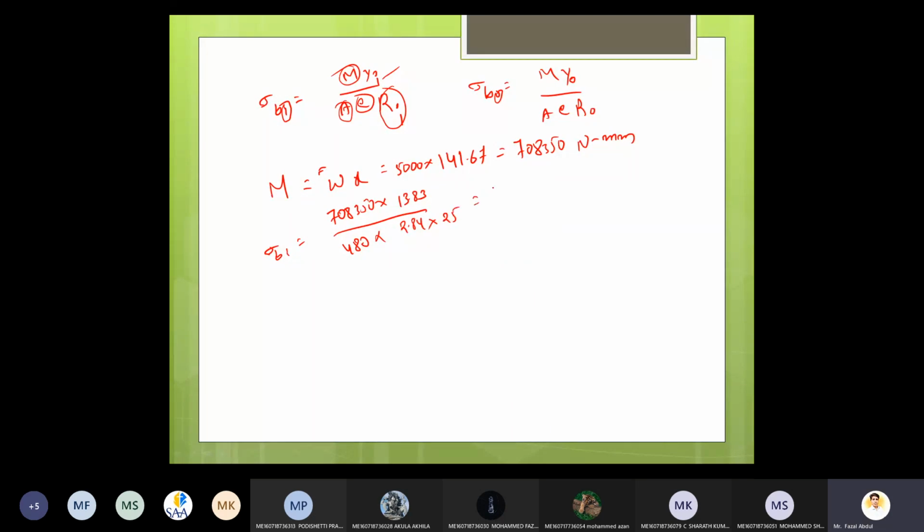Now tell me the sigma bi, sigma b naught. This equation I'm using: 708350 into y naught. Y naught value 26.17 by 480 into 2.84 into R naught value 65. Tell me the sigma bi and sigma b naught in terms of megapascal.